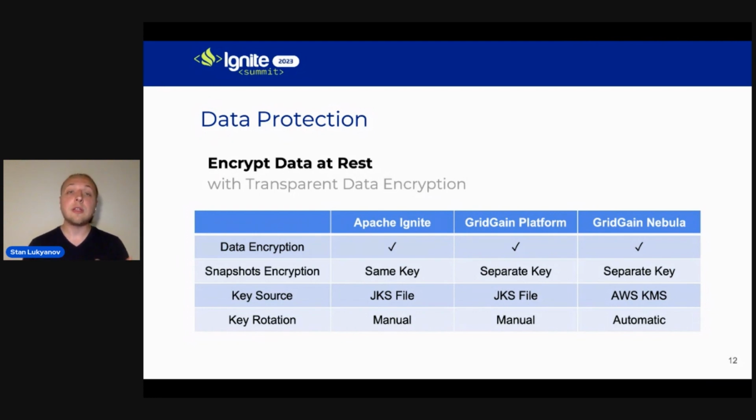And actually, the key encryption key is fully customer managed, so you're in full control of it. And the key rotation is, of course, also taken care of by Nebula and by the KMS service itself.